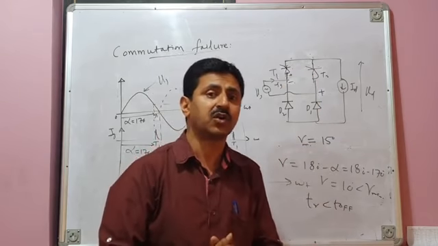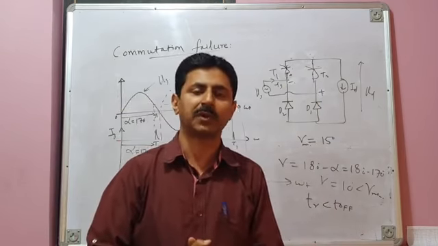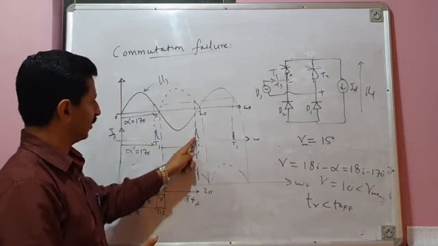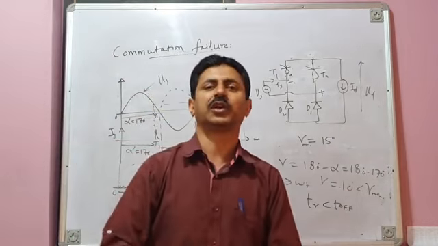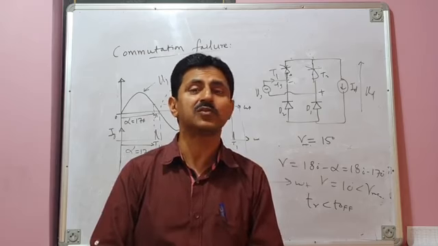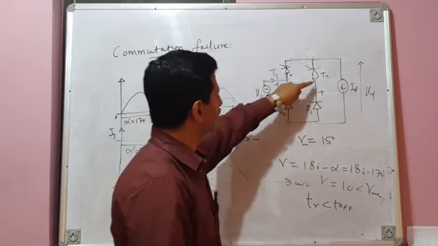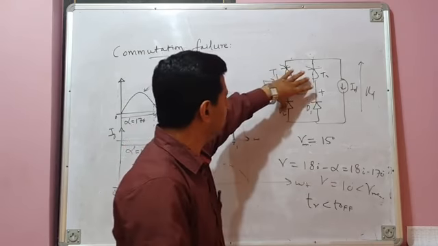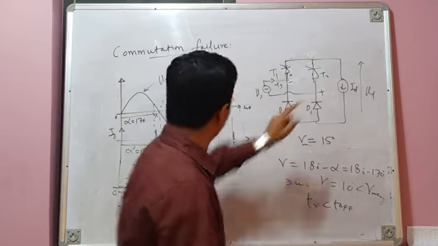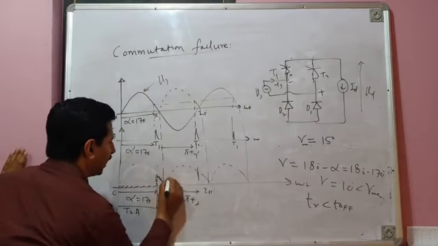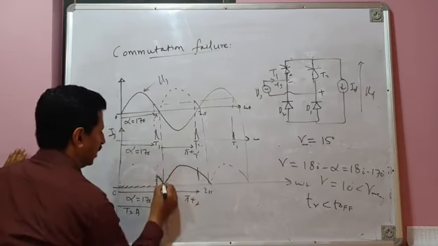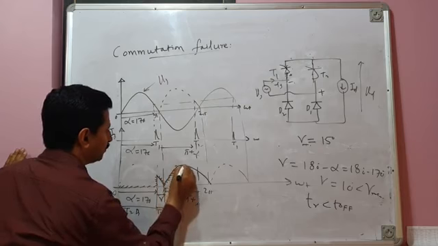And since it has not regained its forward voltage blocking capability, it will not wait for this firing instant. It will immediately go into conduction. And since T2 immediately goes into conduction, T2 के साथ D2 भी conduct हो जाएगा, T2 D2 pair will conduct, and your load voltage becomes equal to the entire positive half cycle of source voltage. तो ये आपकी लोड वोल्टेज हो जाएगी.